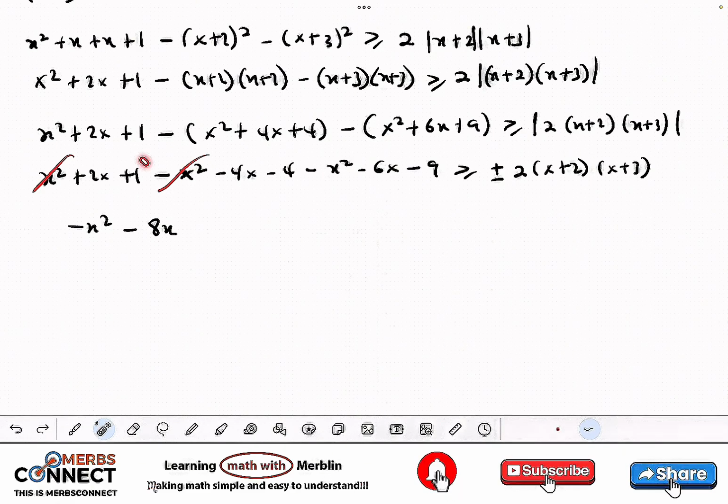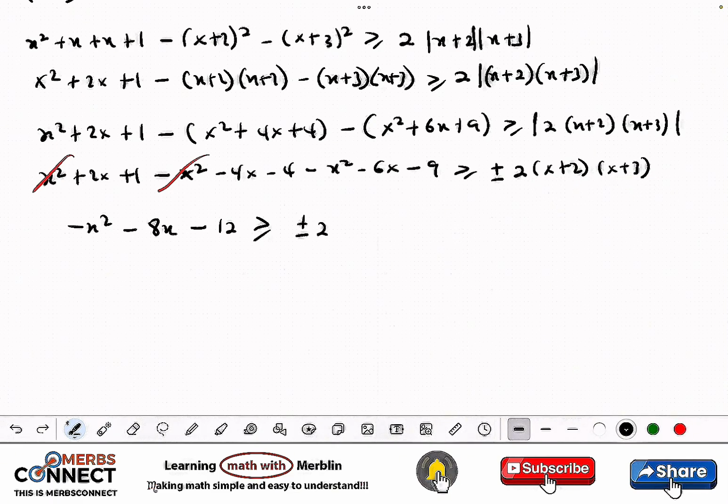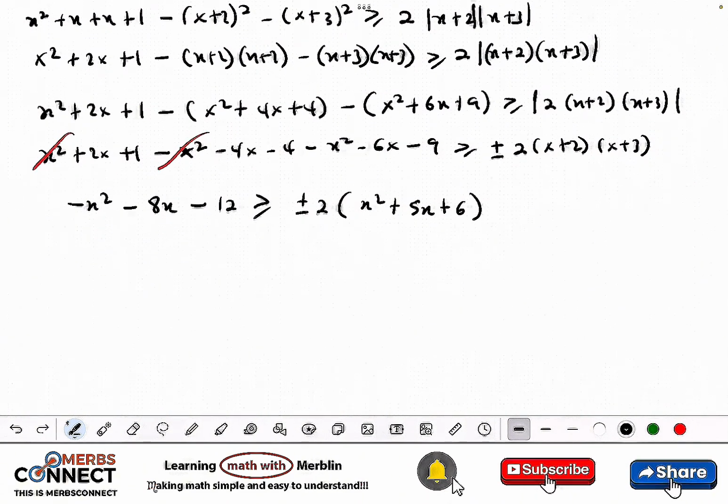Then 1 minus 4 minus 9 is going to give us, I think, minus 12, right? Because this and this will be 3. Then when I add it to this one, I'm going to get minus 12. And this is going to be greater than or equal to plus or minus 2. Then when I expand this one, I'm going to have x² + 5x + 6. So this is what I'm going to get.